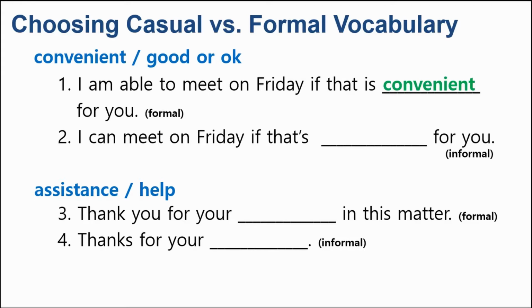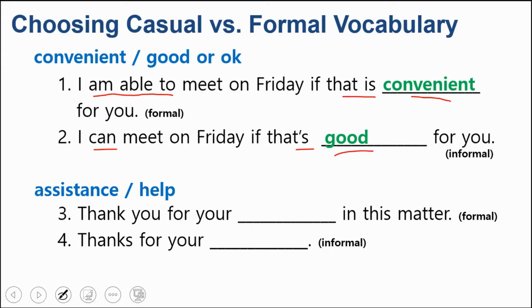So number 2, I can meet on Friday if that's good for you. That sounds more informal. Now, I'd like to also point out something here. You can see that it's not just these words here that is the difference. I've also made some other differences here. In the first one, more formal, I said I am able to. Here I said I can. I am able to is more formal than saying I can. Also, we can see that is or that's, right?